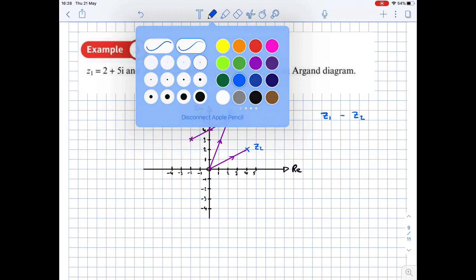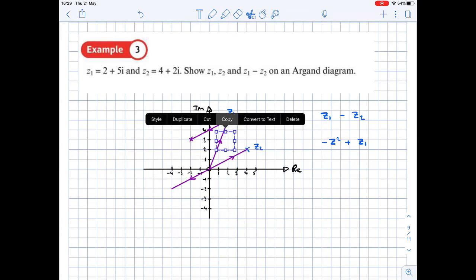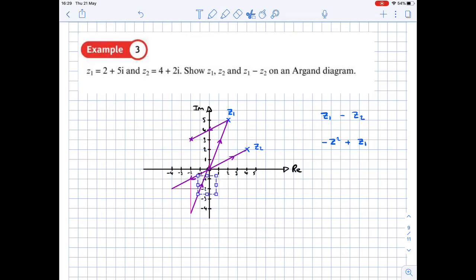Or we can think of it as minus Z2 plus Z1. So again, we could think of it as the vector Z2 changing direction because of its negative. And if we start off with negative Z2 and then onto that we add the vector Z1, and notice we get to the same point. So this is the point Z1 take away Z2.